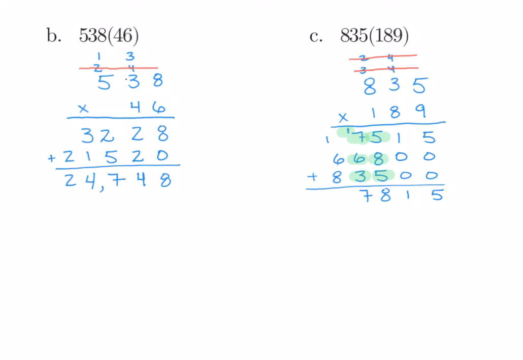We get 1 plus 6 is 7. 7 plus 8 is 15. So our final answer is 157,815.